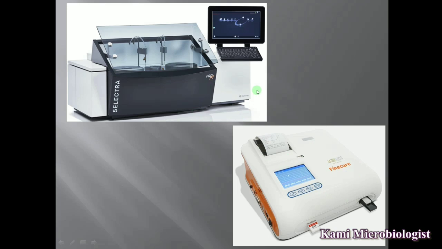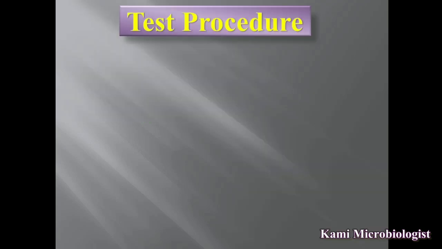We can perform the test using any one of these machines. In most laboratories they use the FIA machine, meaning fluorescence immunoassay machine, and in some advanced laboratories they use fully automated machines like Selectra or Mindray, Maglumi, etc.